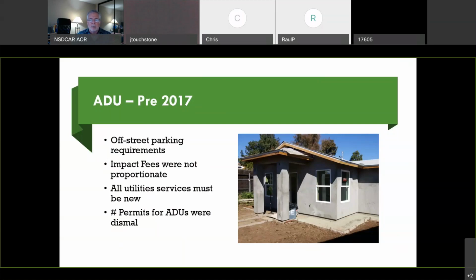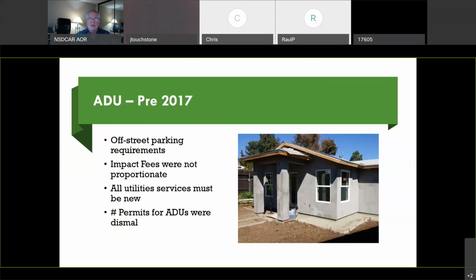Impact fees were not proportionate. If you were building a brand new detached unit on a vacant lot, your impact fees would be identical for an ADU or a standard size new construction build.